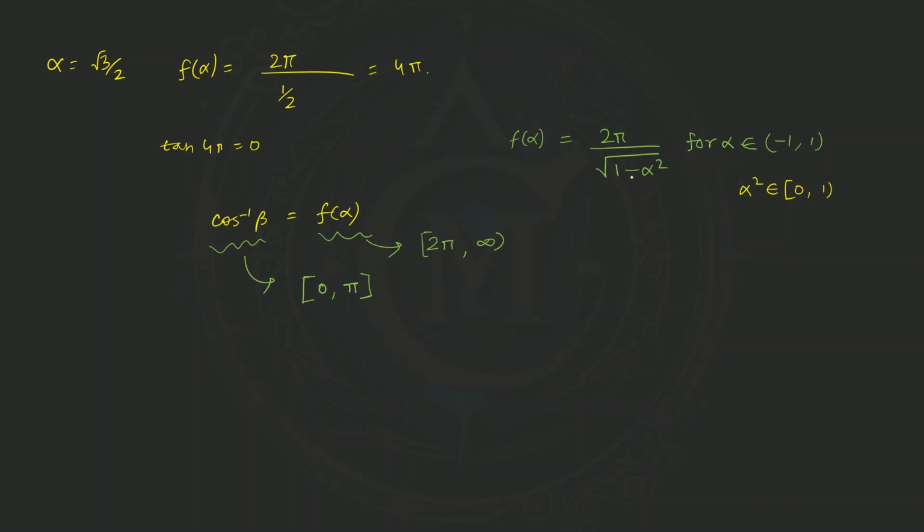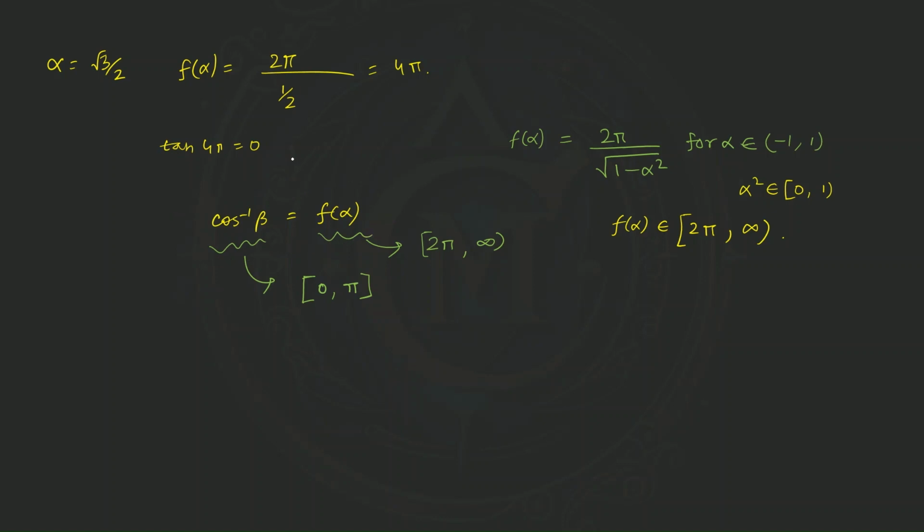So we can say this f of alpha will range from 2 pi when alpha square is 0, and then it will tend towards infinity when alpha square tends to 1. Okay, so we have the LHS range as closed 0 to pi and the RHS range as closed 2 pi to open infinity. So we can clearly say that this equation cannot have any solution, right?